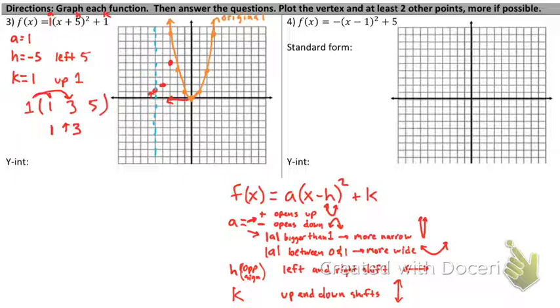We have one more movement, so let's multiply the A value times 5. That means over 1, up 5. 1, 2, 3, 4, 5. So we're way up here.